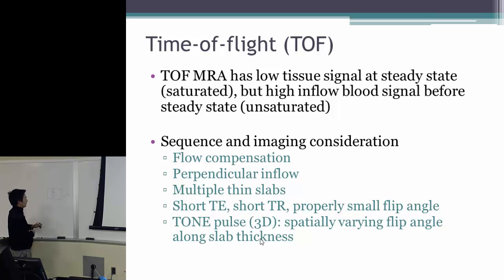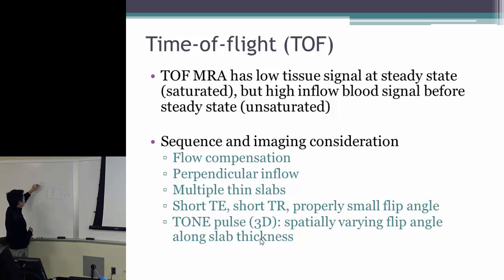And we have a vessel going through it. So normally, if you simply use a sinc pulse, the excitation profile will be something like this. So we can consider this is the effective flip angle profile.